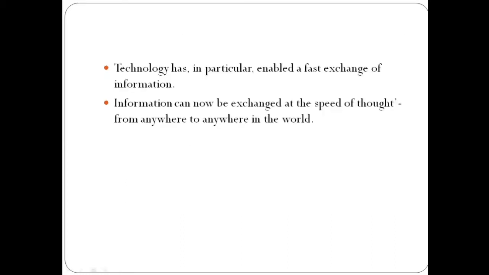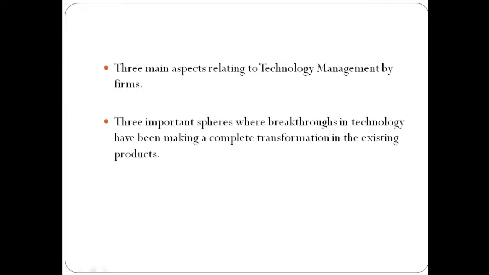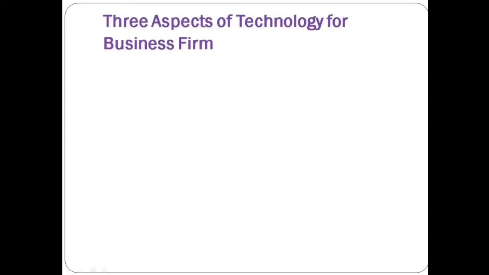Technology has in particular enabled a fast exchange of information. Information can now be exchanged at the speed of thought from anywhere to anywhere in the world. There are three main aspects relating to technology management by firms, and three important spheres where breakthroughs in technology have been making a complete transformation in existing products.